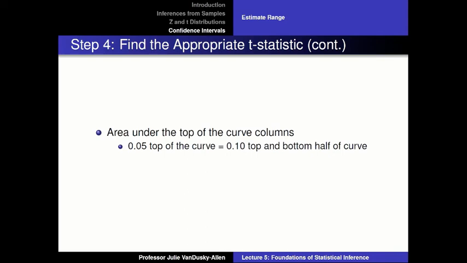Although the table only focuses on the top of the curve, we want to know the area under both ends of the curve because we are calculating a lower bound of a confidence interval and an upper bound. That also means that if we are examining the area under the top and bottom of the curve, we would have 0.05 in the upper half and 0.05 in the lower half. If we add 0.05 and 0.05 together, we have a total of 0.10 under the entire curve.